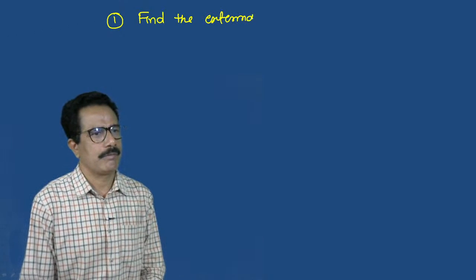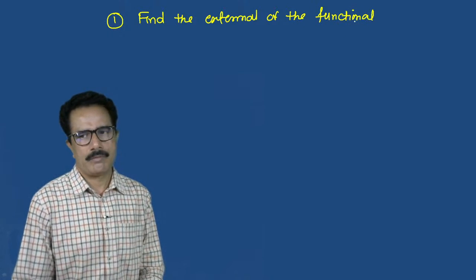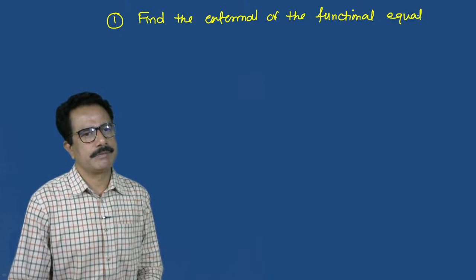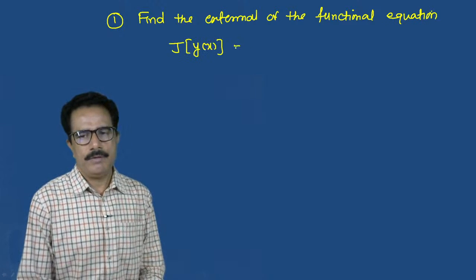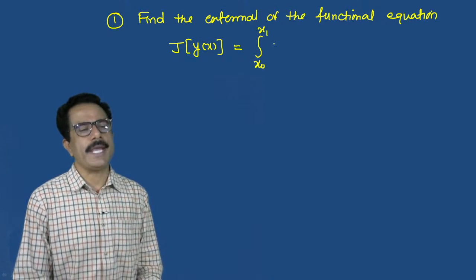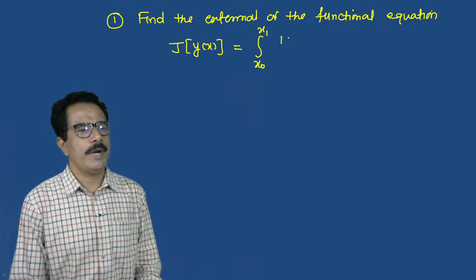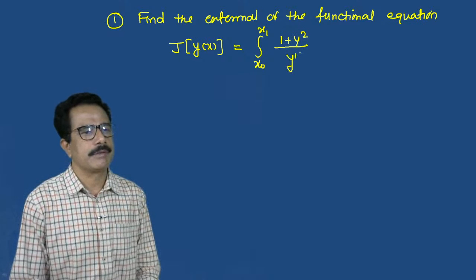First find the extremal of the functional j of y of x which is equals to integral from x0 to x1 of 1 plus y square divided by y dash square dx.